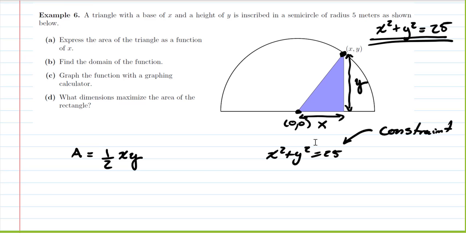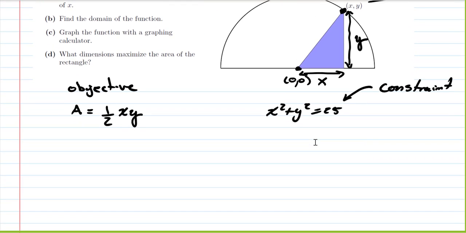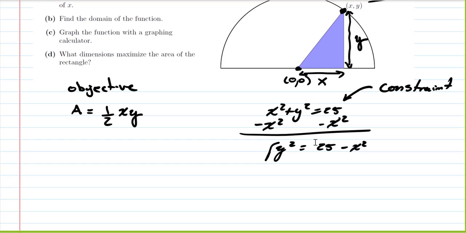So just like what we did in the previous problem, we have our objective function over here, and we have our constraint. So this one says specifically we want to have x's left, so we're going to solve this for y. So we minus x squared, we minus x squared, and we get y squared equals 25 minus x squared.